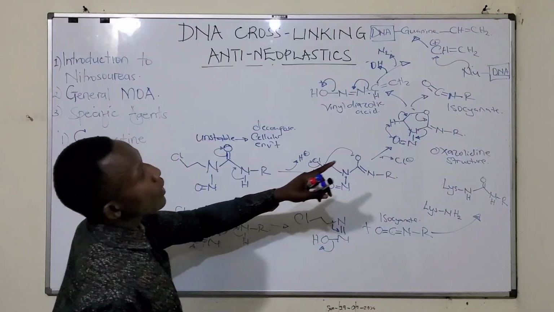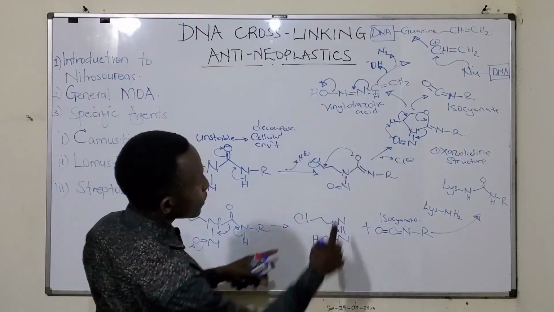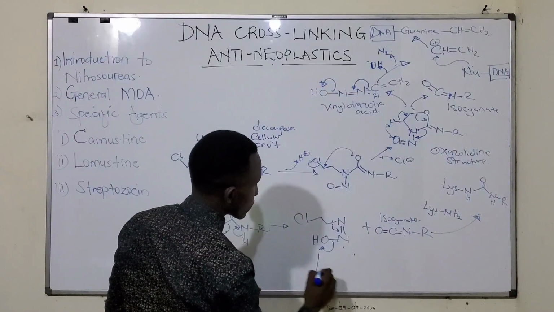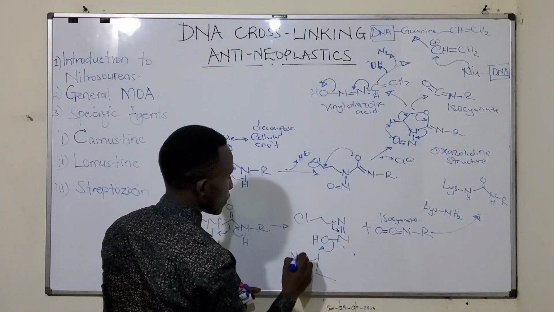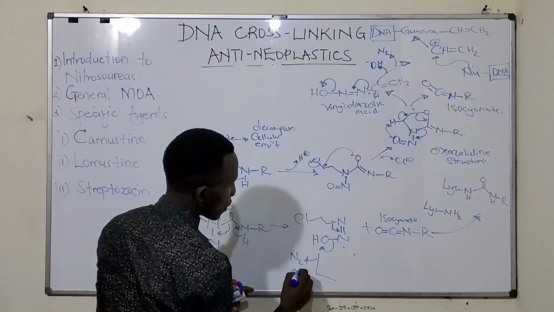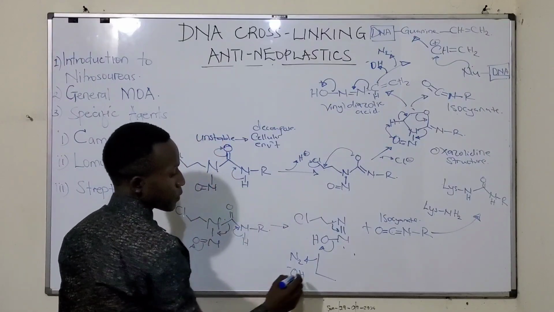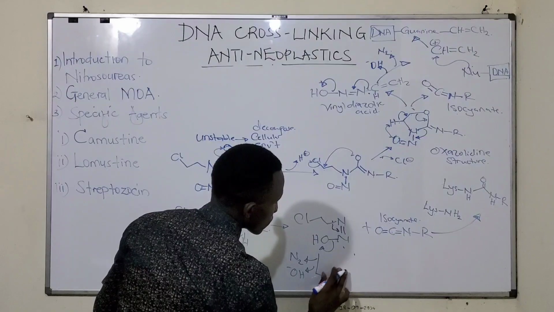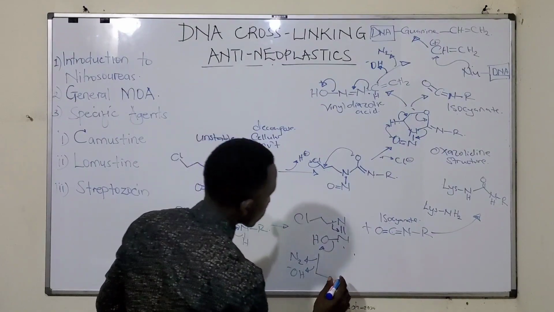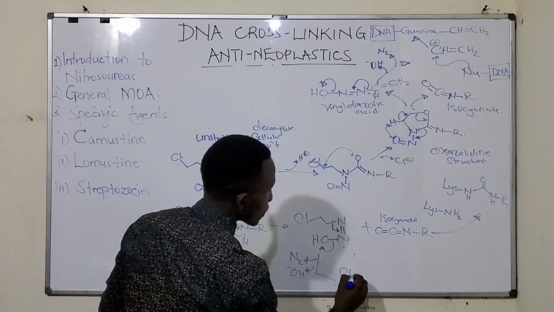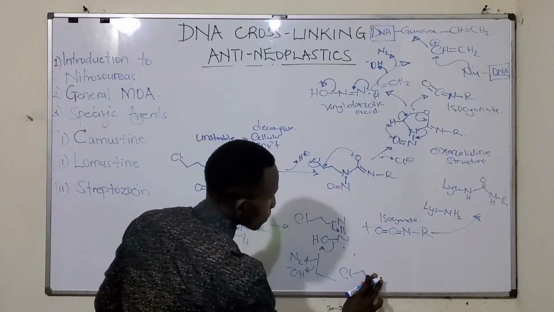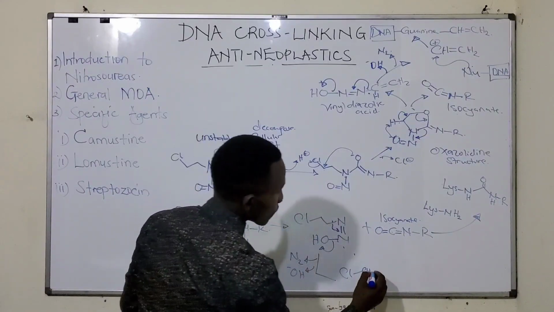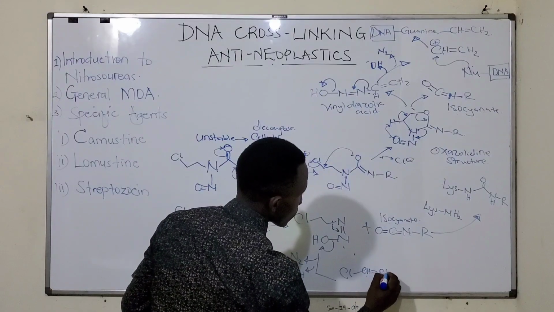Like this one, we shall lose the nitrogen. Loss of the nitrogen and also the OH group. Then we shall form the chloroethyl carbocation, which is the Cl, this group. This is CH with the CH.